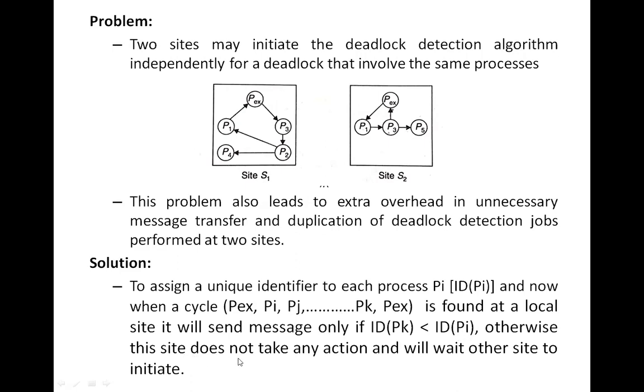Otherwise, the site does not take any action and will wait for the other site to initiate. So if there is a cycle at a particular site, it will check whether the last but one process identifier is less than the first process identifier or not. If it is so, then it will send the message. Otherwise, it will not send the message, and it will wait for the other site to take the action.